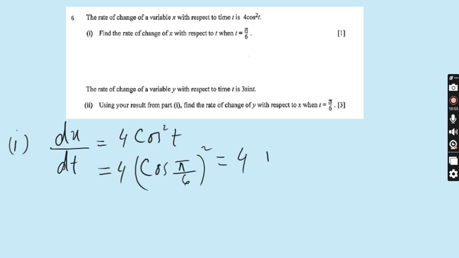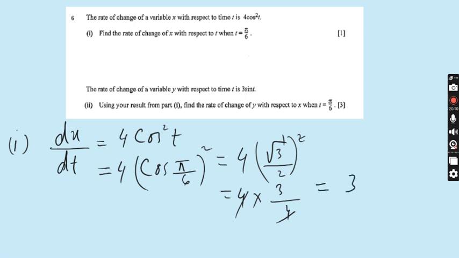What is cos pi by 6? You can find from your calculator. Root 3 upon 2 whole square, 4, square and root cancel, 2 square is 4, 4 by 4, the value is 3. So dx by dt is 3 units per second. Now we have to find dy by dt.